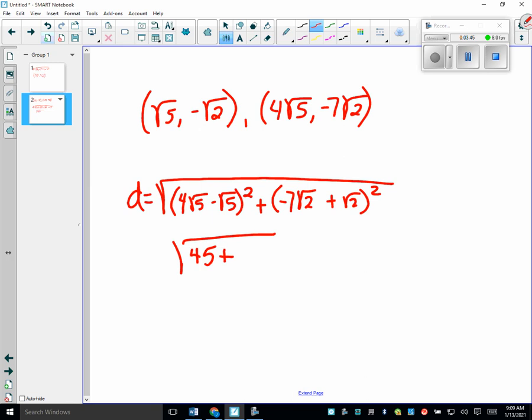plus, what is this? Isn't this negative 6 radical 2, which is what? 72. So I believe this is, right?